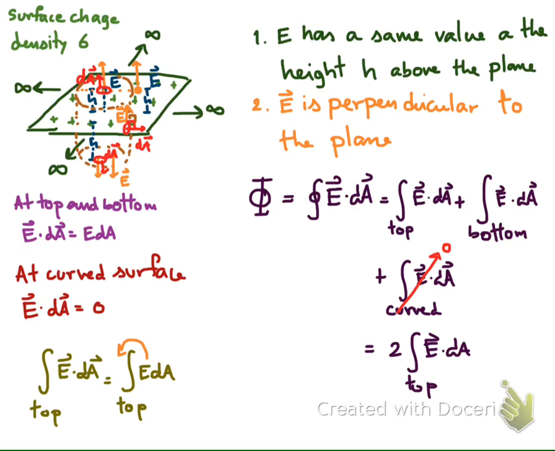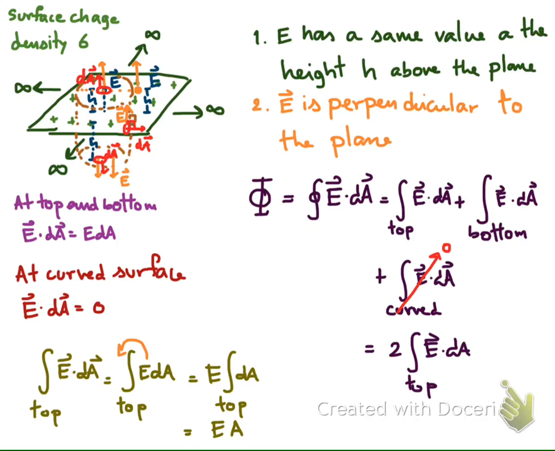So this is E times the integral of dA at the top surface. And the integral of dA at the top surface is the area of the top surface. Equal to EA, where A is the area of the top surface, which is equal to the area at the bottom surface.